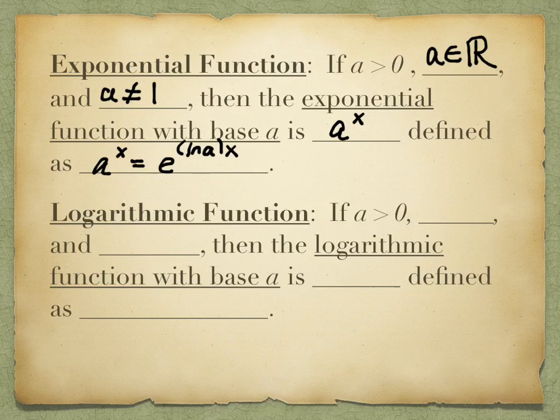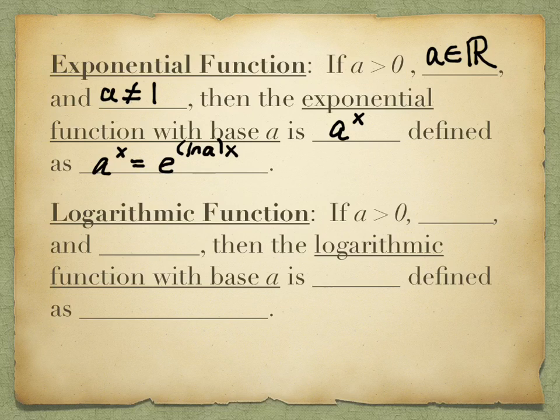And I bring that up because that's going to give way to why we get the derivative that we get. So when we work with this one's derivative and antiderivative, it's coming from how this function is defined. And if you take a look at that e to the ln a business, that is actually equal to a. That's a property of logarithms that you saw somewhere along the way in algebra.